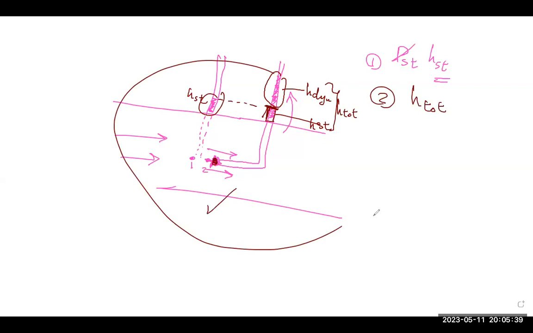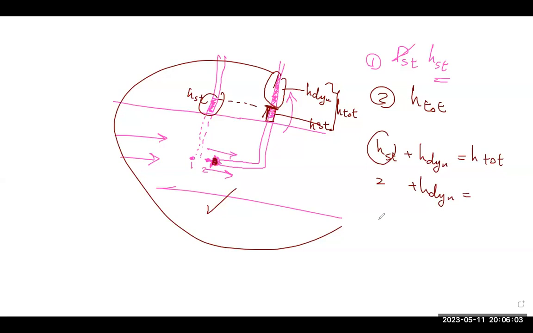H static is given as a reading from here, for example 2 inch, plus H dynamic, which is unknown. Why unknown? Because they give you the other pipe reading, for example 12 inch. So H dynamic will be 10 inch at the end. Is this the required? No, this is not the required. The required for this problem in the exam is velocity. How to calculate velocity?